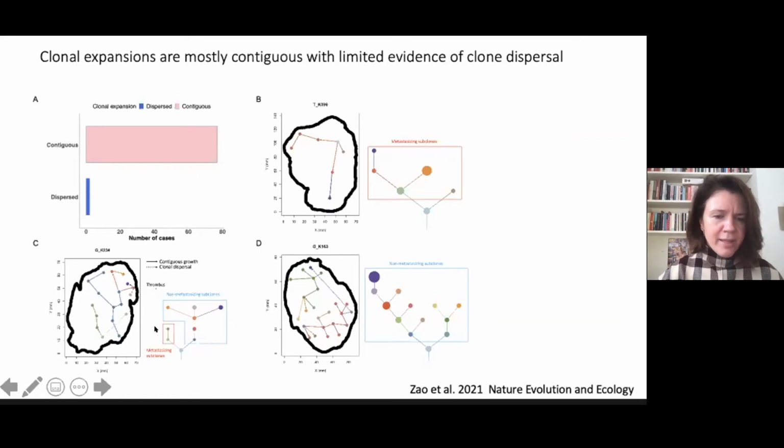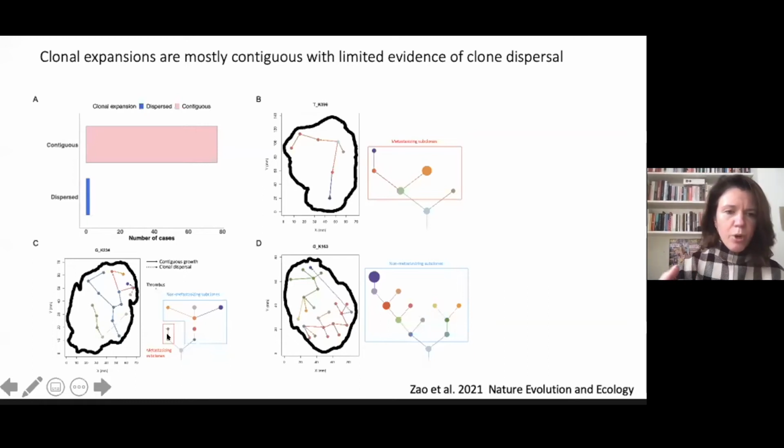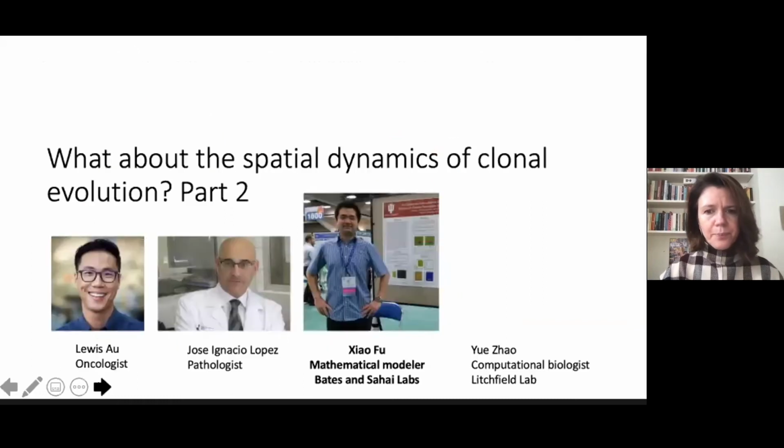And only in this instance, and as I said, it's relatively rare, certainly in our cohort, it actually coincides with the metastasizing clones, suggesting that potentially this pro-migratory phenotype selected for at the primary tumor site also affords metastatic potential.